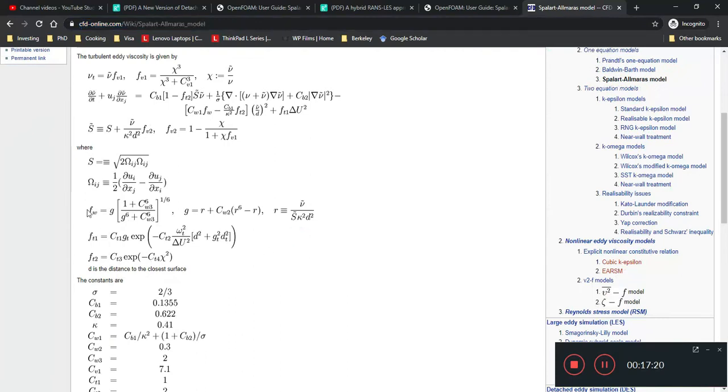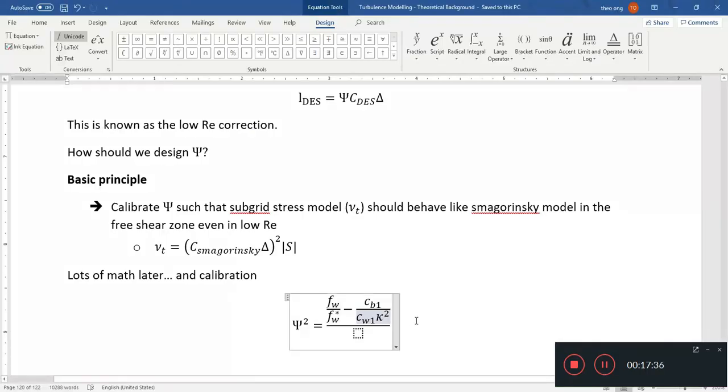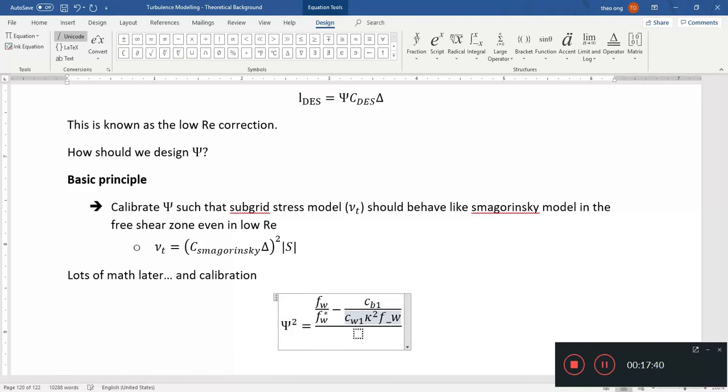They use the same definitions here. So for example, you have Fw, G, Ft1, Ft2, CB1, CW1, and so on. You have all your constants here, except for Fw star. Fw star takes a new meaning. It's a new thing that this paper came up with.